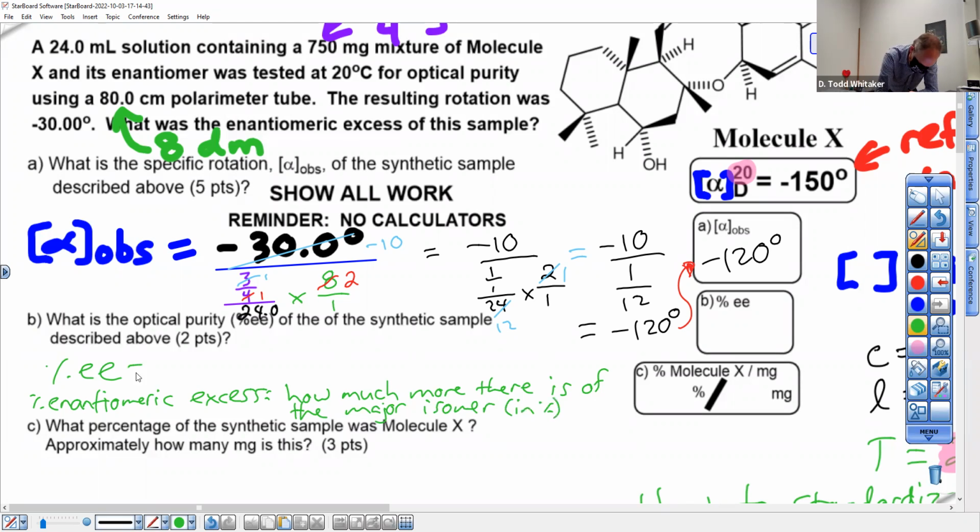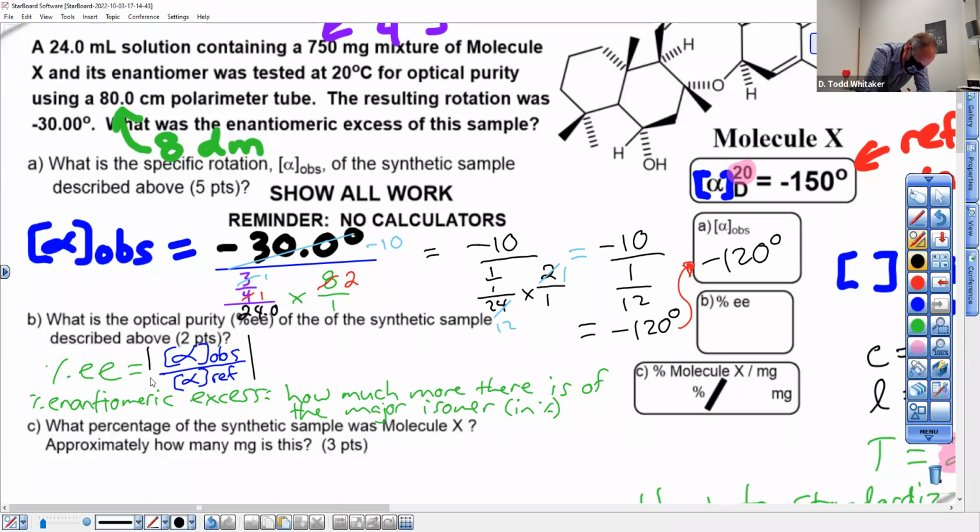Here's what you do. You take that thing you just calculated, the standard observed rotation, and compare it to the reference standard rotation. And the signs don't matter.